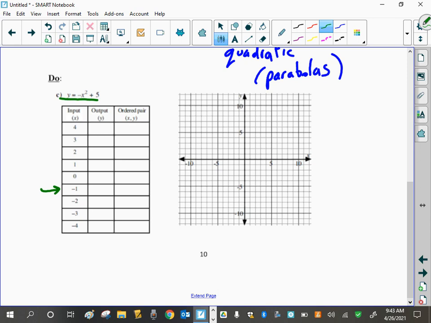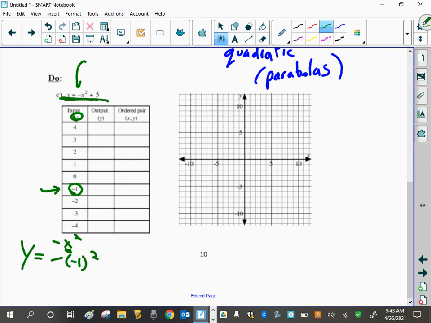Equation: negative x squared plus 5. Okay, this is how you do it. So you tried, see you got something. So first of all, this negative isn't in brackets, so if you see a negative out in front, you leave it out in front. X is equal to negative 1. So wherever you see an x, you put negative 1 in brackets.